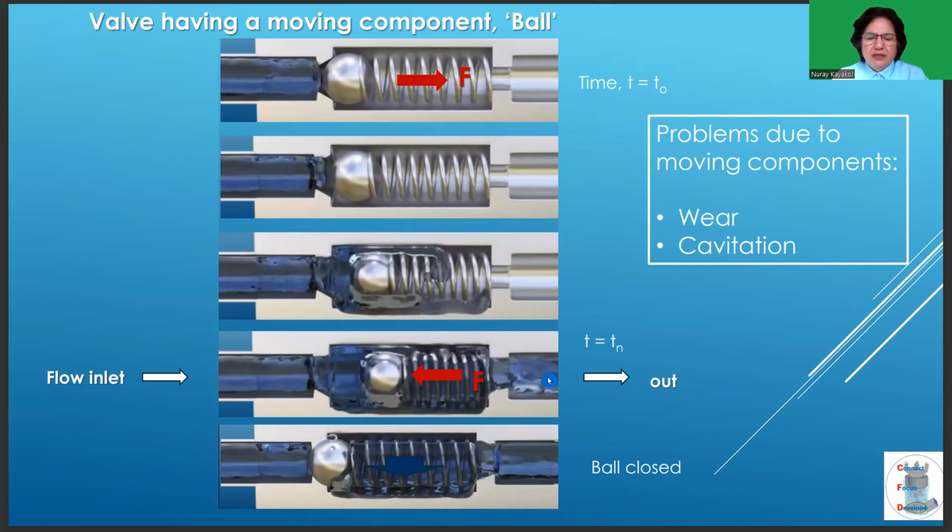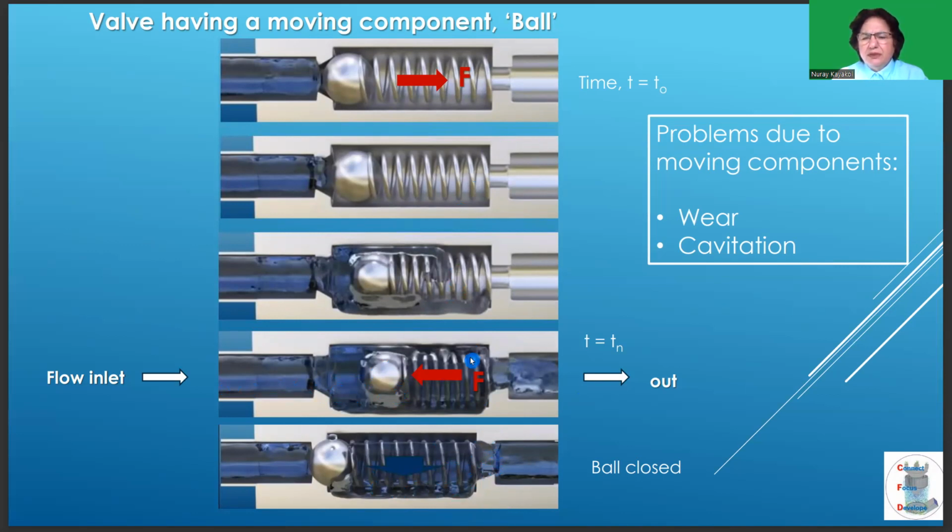At this time, the solenoid valve will be closed. F is in the opposite direction. The ball will move to the right, then flow stops. As you see, this is the typical valve operation. If you want to stop the flowing of liquid, you move the ball from left to right to open, right to left to close. So this is a typical valve used in industry.